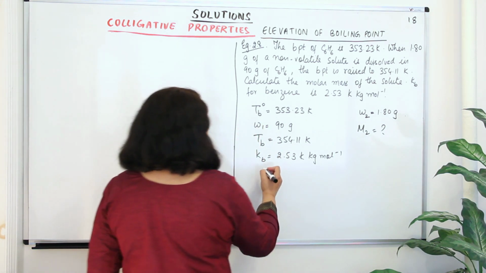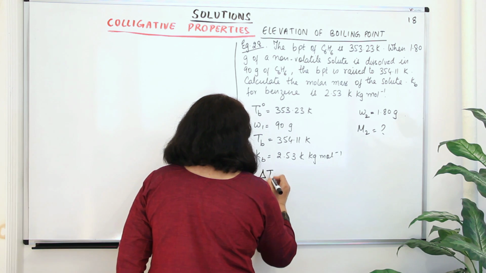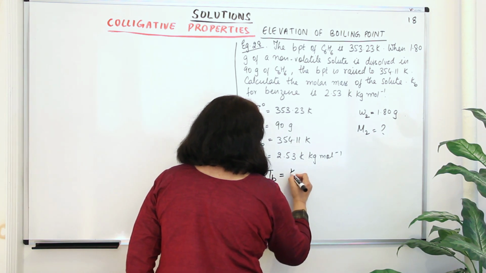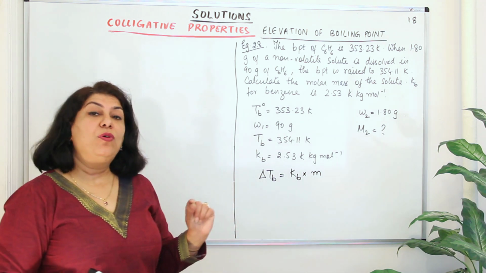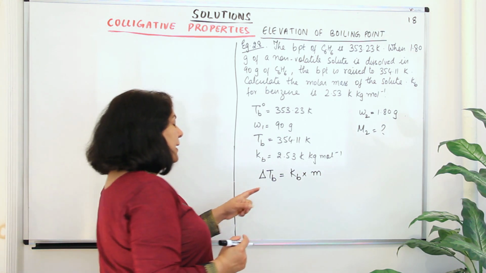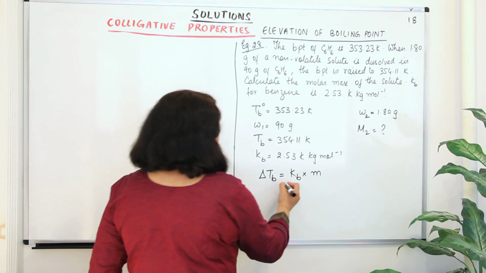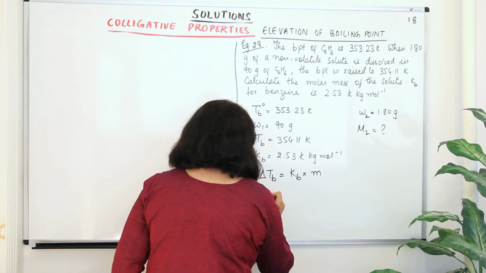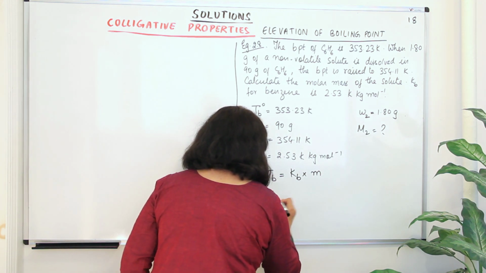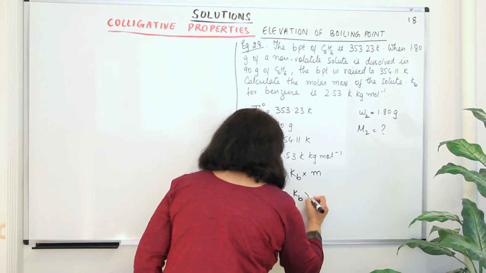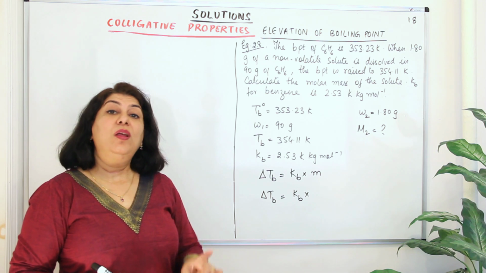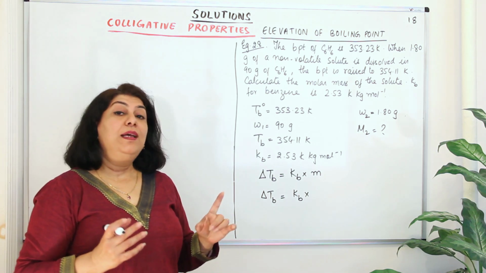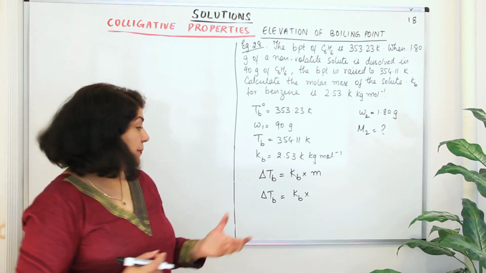Let us see what is the formula that we use. We know that delta Tb is equal to Kb into m, where m is the molality of the solution. And how do you calculate molality? So we can expand this. Delta Tb becomes equal to Kb into molality. Molality is the number of moles of solute present in 1 kg of the solvent.